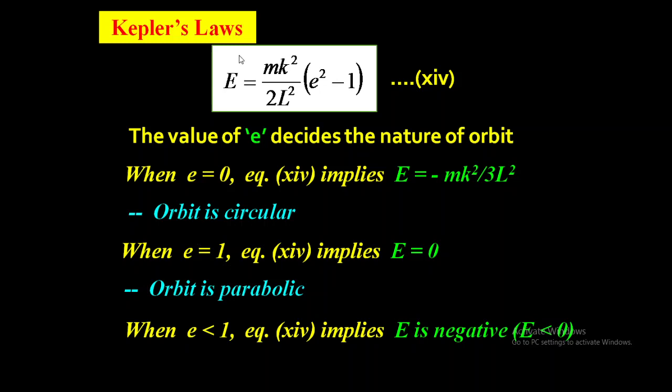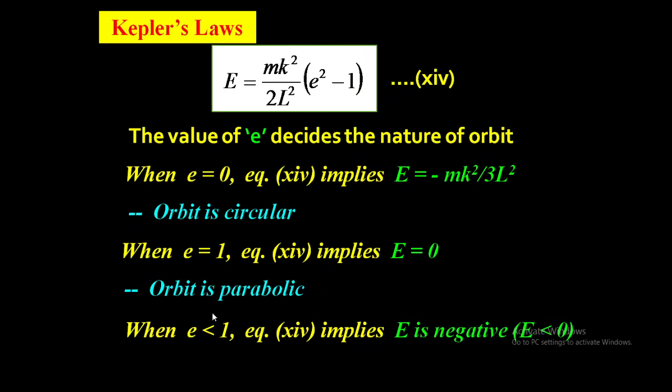If e is less than 1, then e square minus 1 is negative, because a smaller value minus a larger value is negative, so E will become negative. So E is also less than 0.